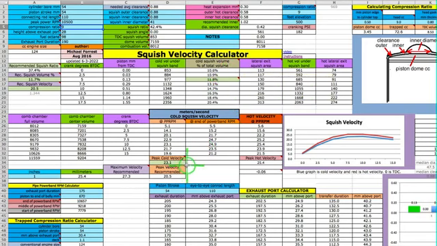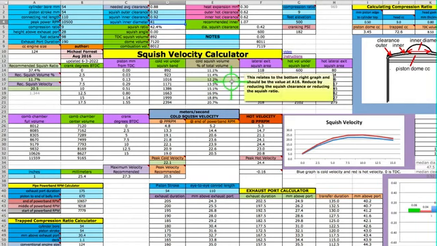So if I was going to bring the velocity down, you'll see how it alters the volume. Okay, so we brought the velocity down a little bit, and we increased the squish volume a little bit.